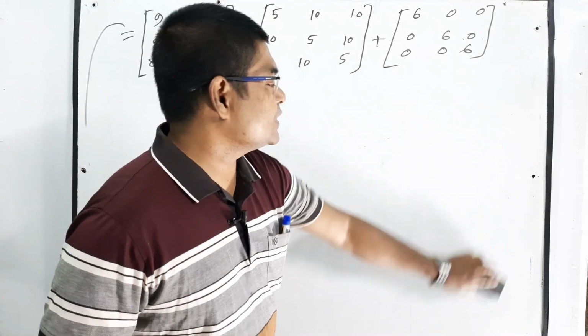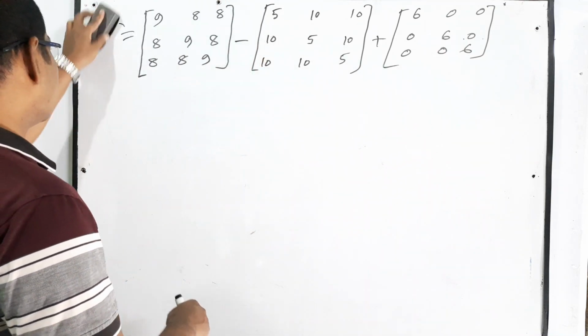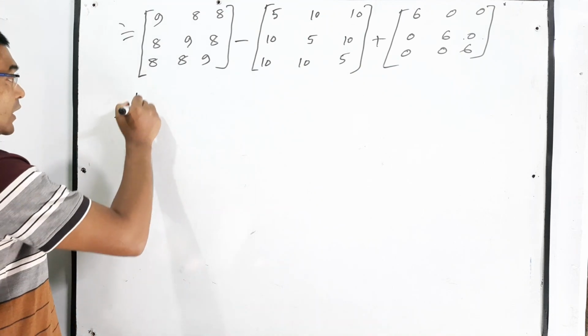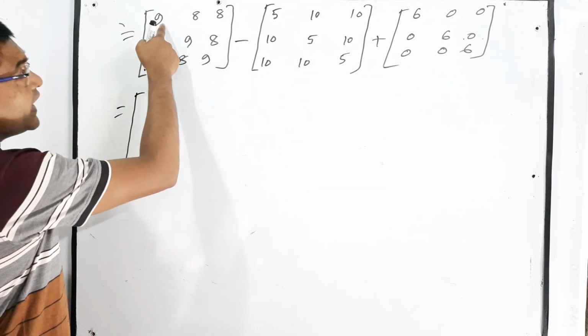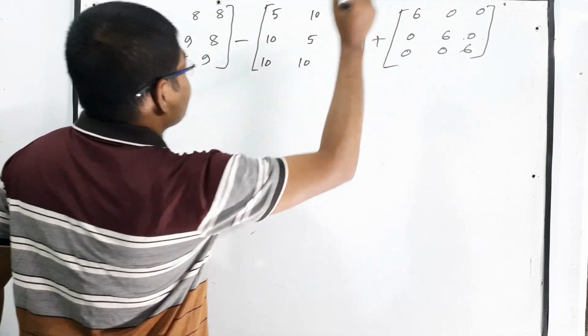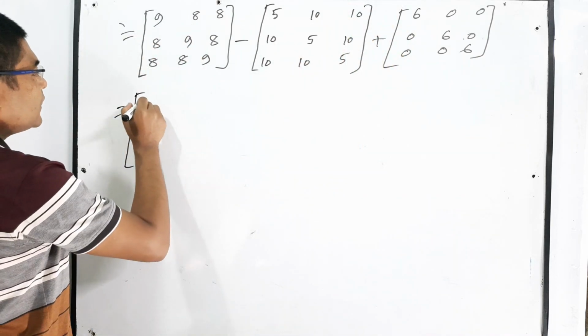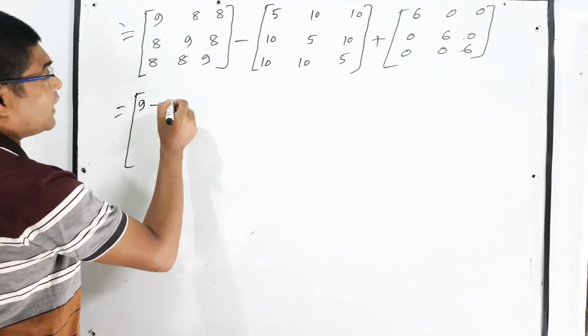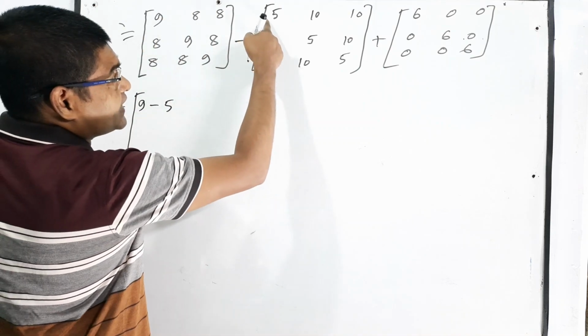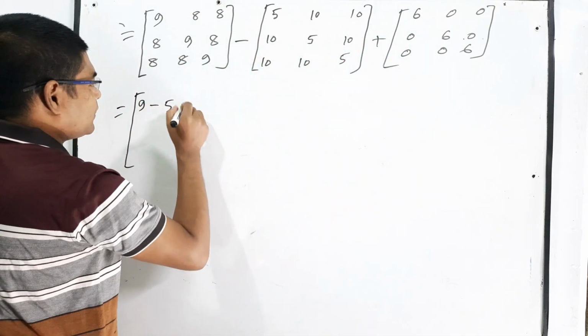So here, you can see the board, 9 minus 5 plus 6. So 9 minus 5 plus 6.